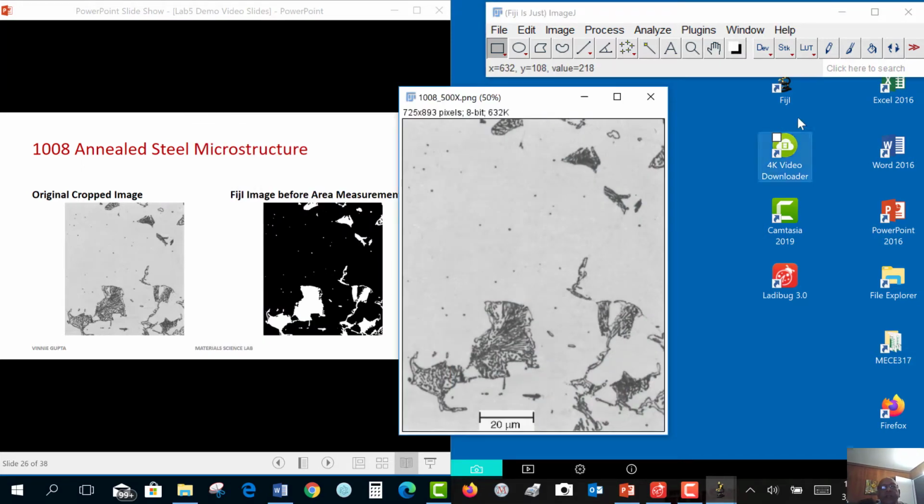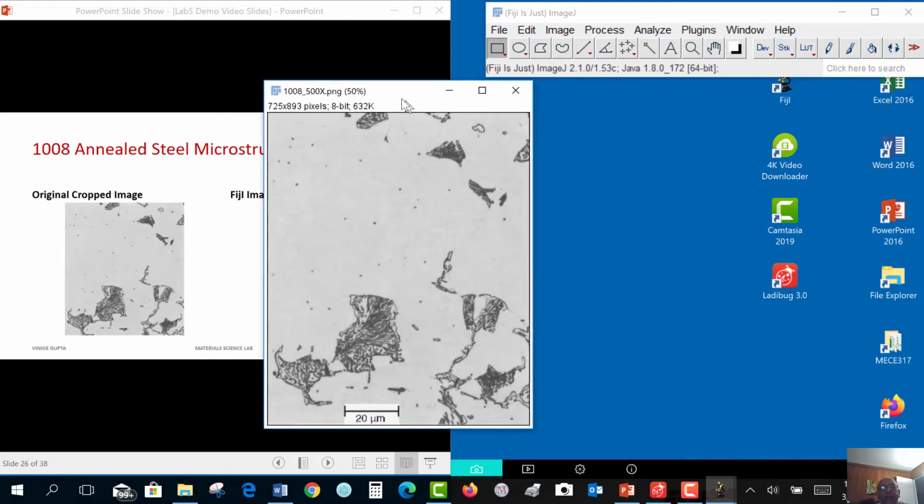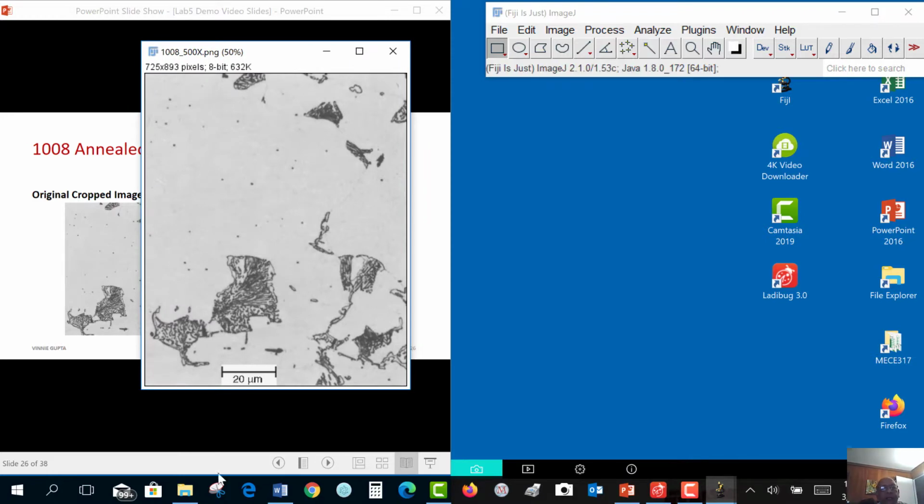This is an image of a 1008 steel sample, fully annealed, and it has this scale. Now when we analyze images, I don't want to have the scale here. So what I'm going to do is crop the scale out.